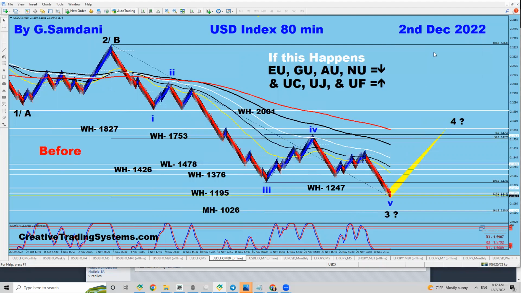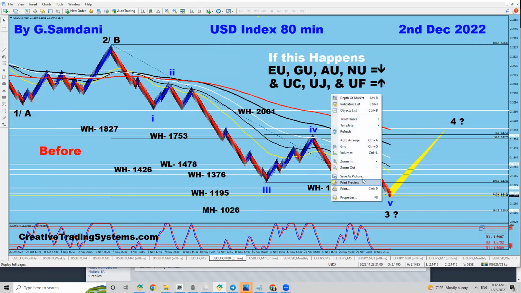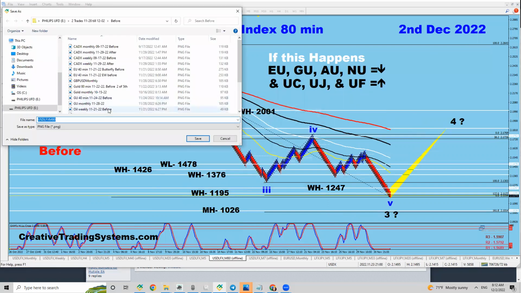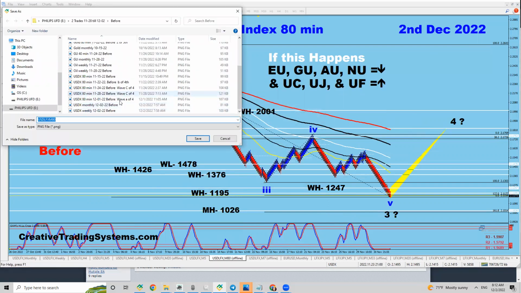Okay, 2nd December today. I'm going to save this chart as a record. I will name it December 2nd before wave A of 4. All right, that's what it is.